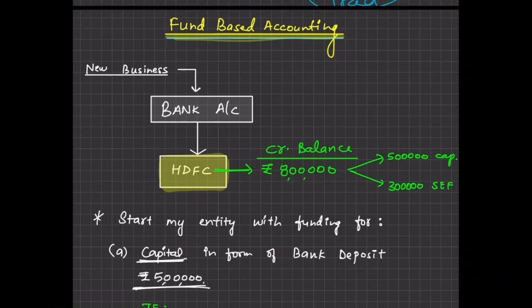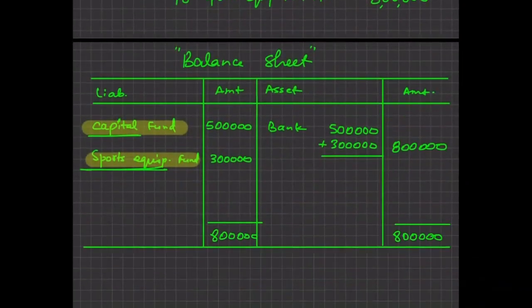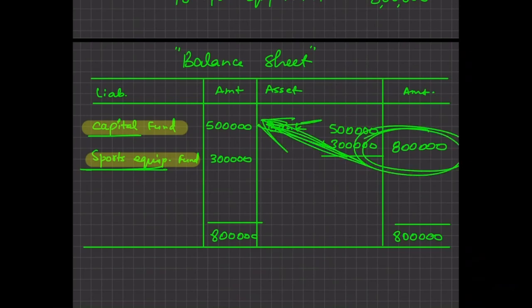The bank does not know this, but obviously I am the accountant of this entity. So I know what is the bifurcation of this 8 lakhs. So from where I can know? I can know from the balance sheet. You can see this 8 lakh is coming from 5 lakhs from the capital and 3 lakhs from the sports equipment fund.